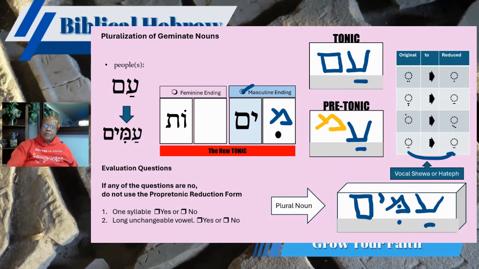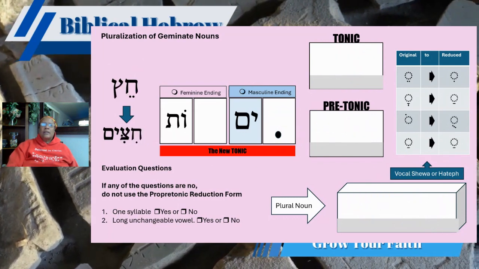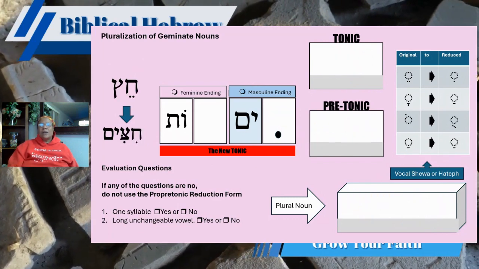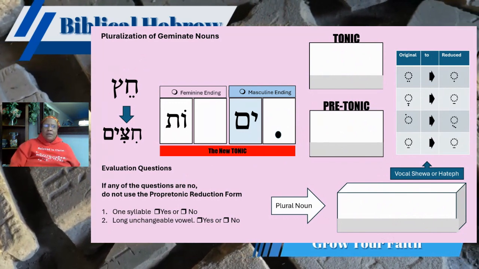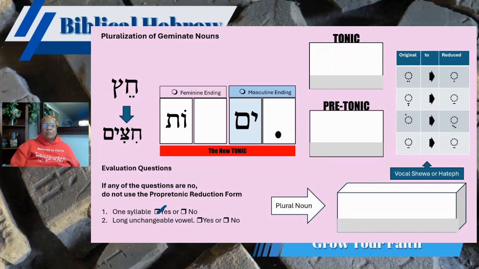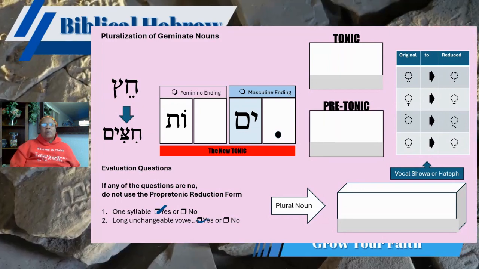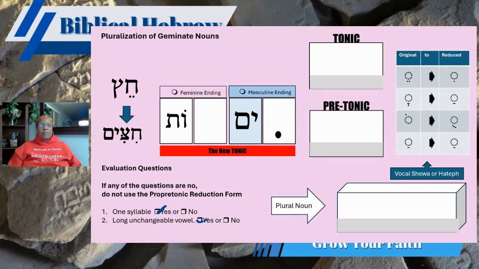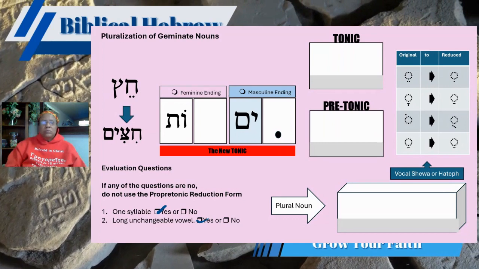Let's try another. Okay, the word is chets, and it's going to go to chitsim, one syllable. And is it a long, unchangeable? Okay. It's a long, changeable. Okay.